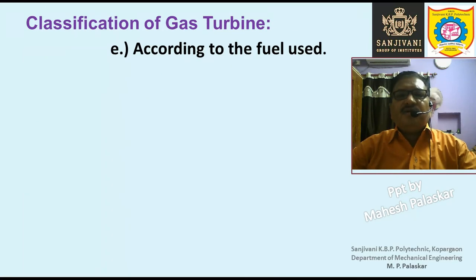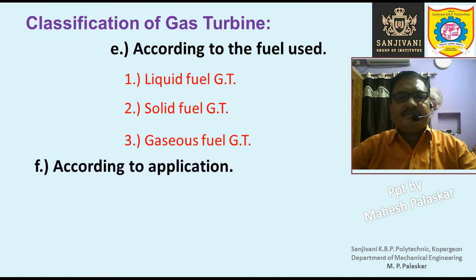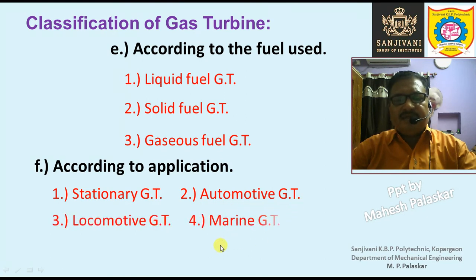Gas turbines are also classified according to the fuel used: liquid fuel gas turbine, solid fuel gas turbine, or gaseous fuel gas turbine. According to the application, the gas turbines are classified as stationary gas turbine, automotive gas turbine, locomotive gas turbine, marine gas turbine, and aircraft gas turbine.